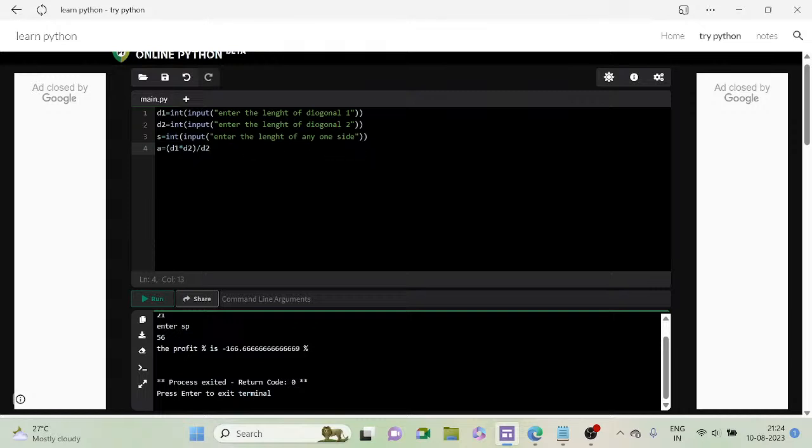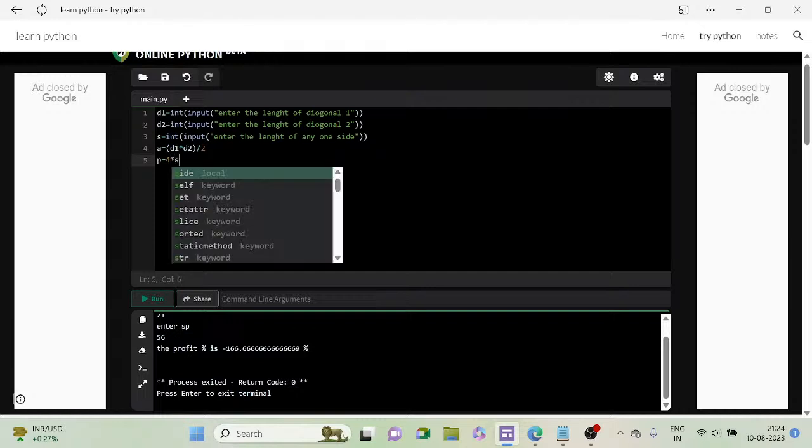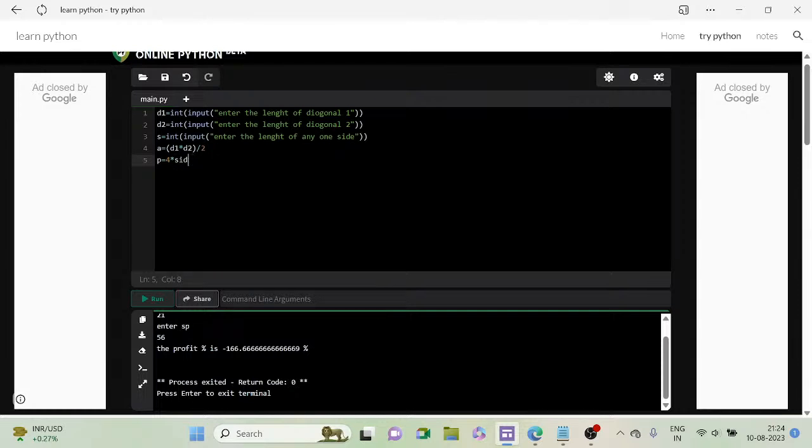On the next line, perimeter is equal to 4s, so we give p equal to 4 into s. We need to use the variable, because if we directly give the 4 into s, it will not be correct in some cases. Please wait for a second.